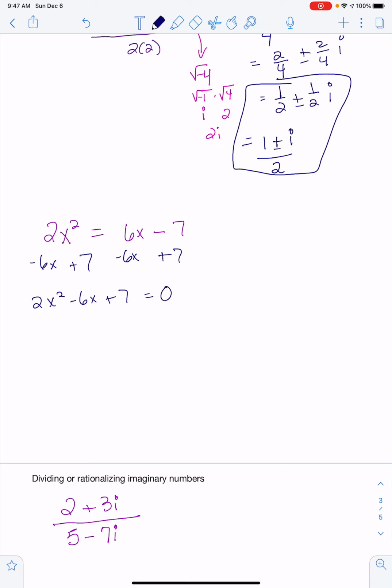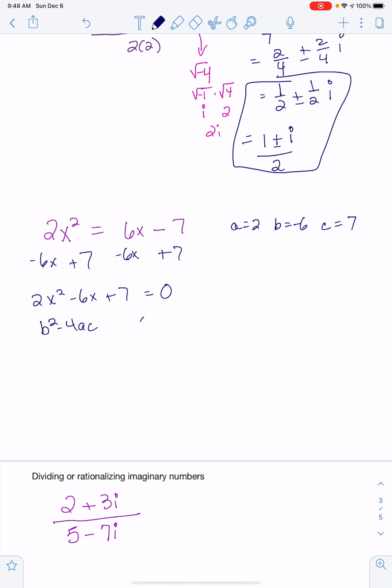And then we're going to go, well, what's my discriminant? Oh, I need to identify my a equals 2, b equals -6, and c equals 7. So I'm going to go, that's -6 squared minus 4 times 2 times 7.